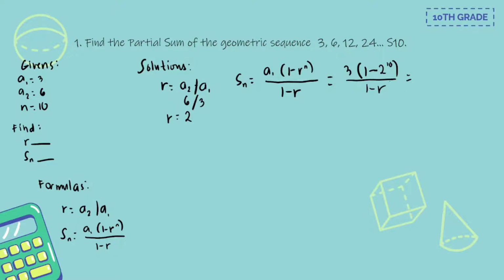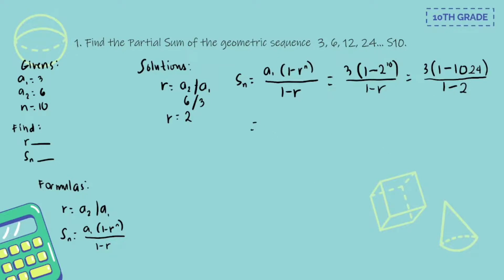So negative 2 to the exponent of 10 is equal to 1024. Okay, next 1 minus 2.